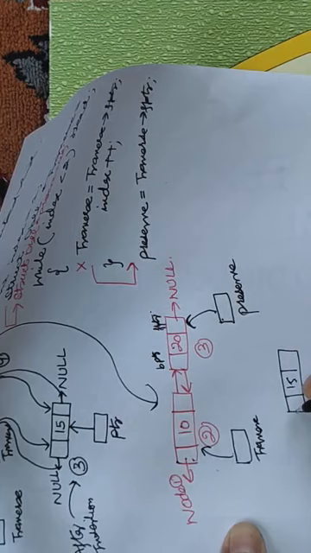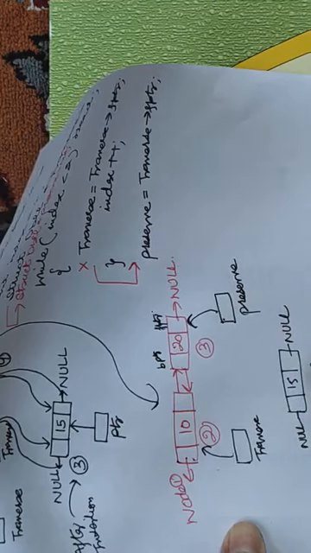Okay, so this at the moment is null and this is null. Its address is contained in PTR. Okay, its address is contained in PTR.